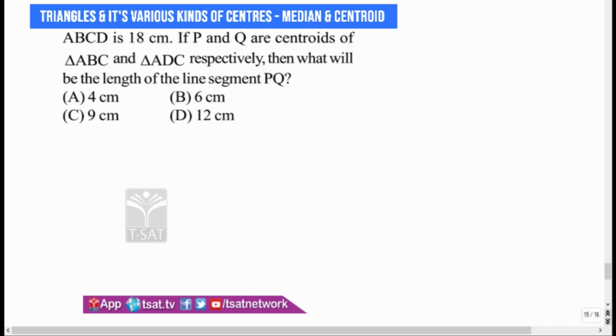Look at the next one. The length of the diagonal BD of the parallelogram ABCD is 18 centimeters. If P and Q are centroids of triangle ABC and triangle ADC respectively, then what will be the length of the line segment PQ? Let us draw the parallelogram ABCD.